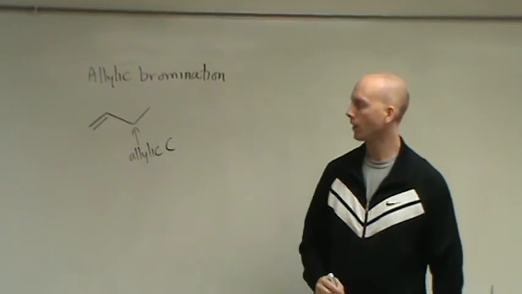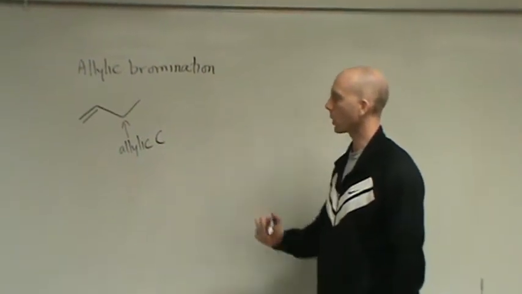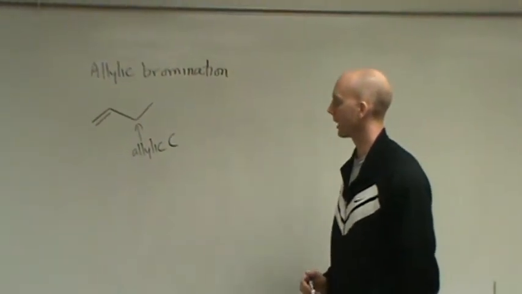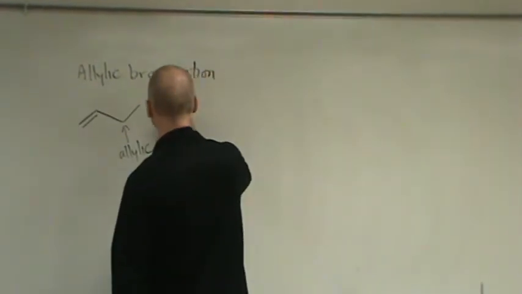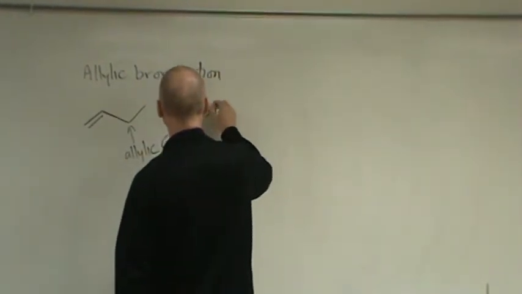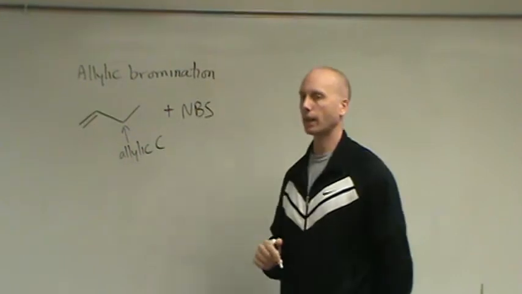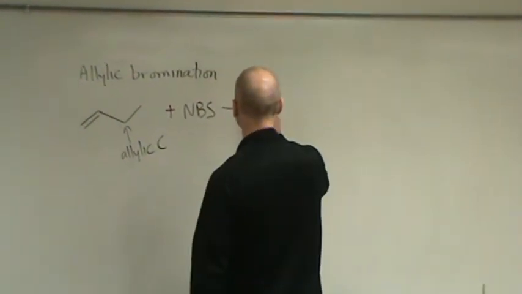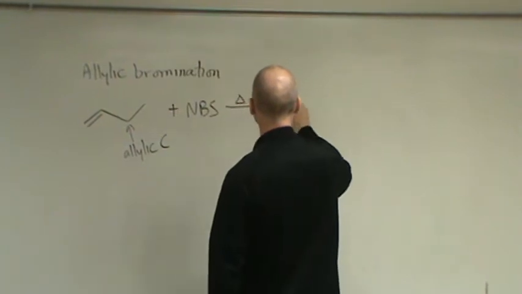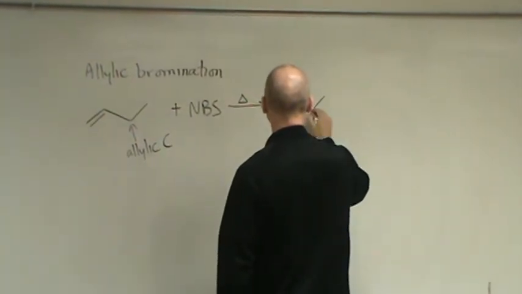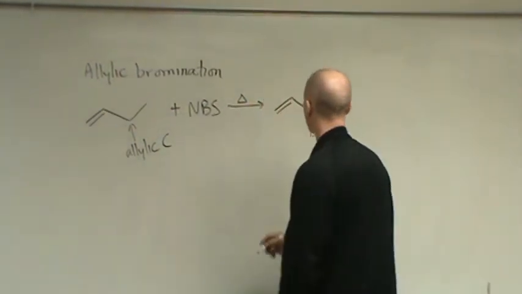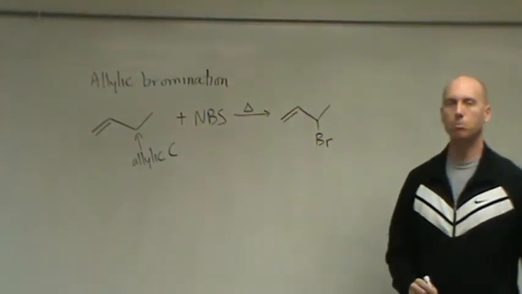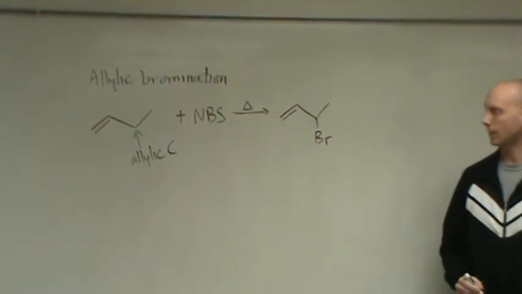Okay? And what we can do is brominate, add a bromine to that allylic carbon by using a reactant called NBS and some heat. And we get a bromine atom on that allylic carbon.